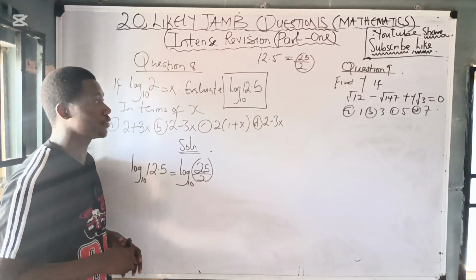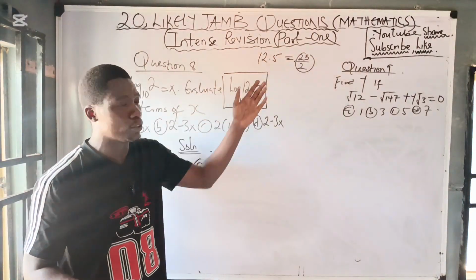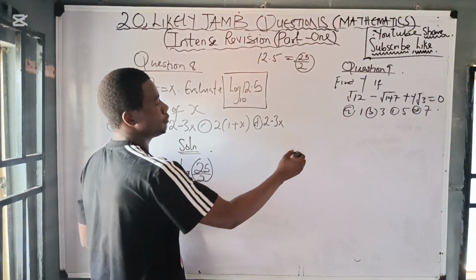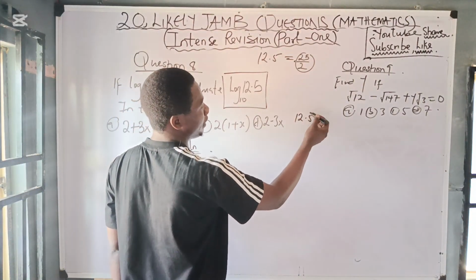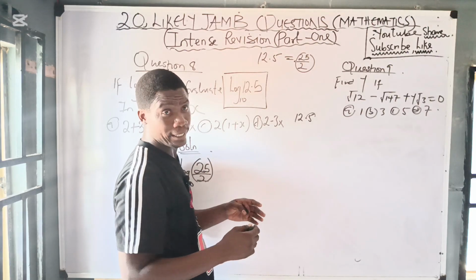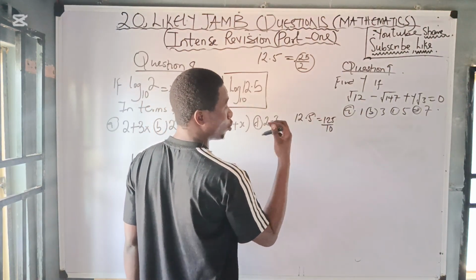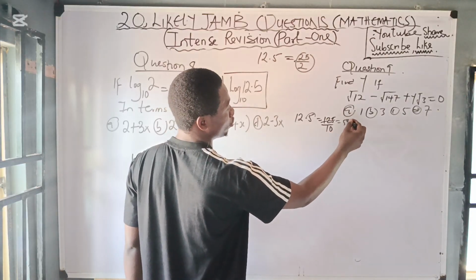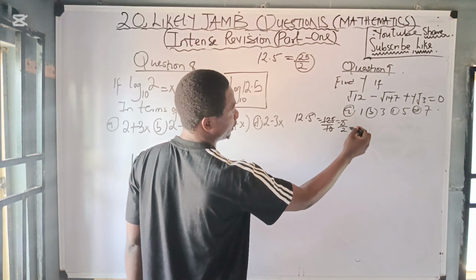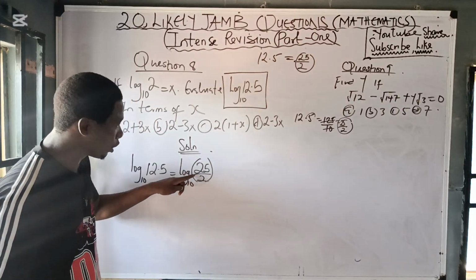Why? Because 12.5 is 25 over 2. You can do this. If I have 12.5, I'll move my decimal point once. Moving it once means you are dividing by 10. So you can still say it is 125 over 10. To which 5 goes here is 25. And 5 goes here is 2. So you have 25 over 2.